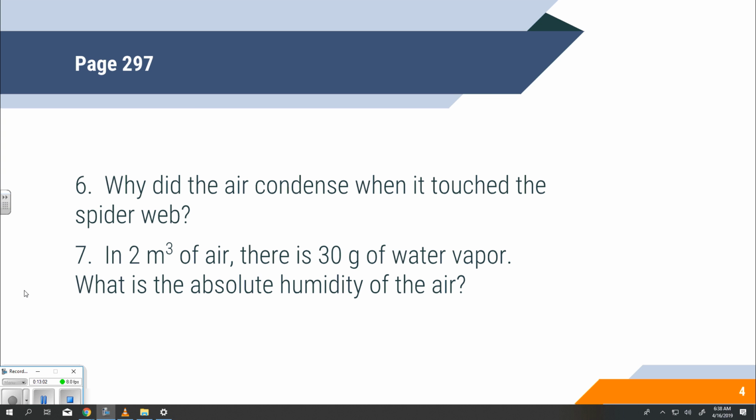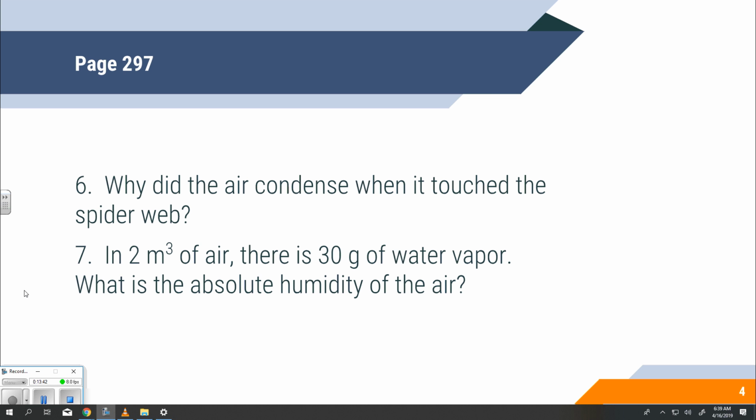Question 6. Why did the air condense when it touched the spider web? The web was cooler than the dew point, lowering the air temperature below the dew point.